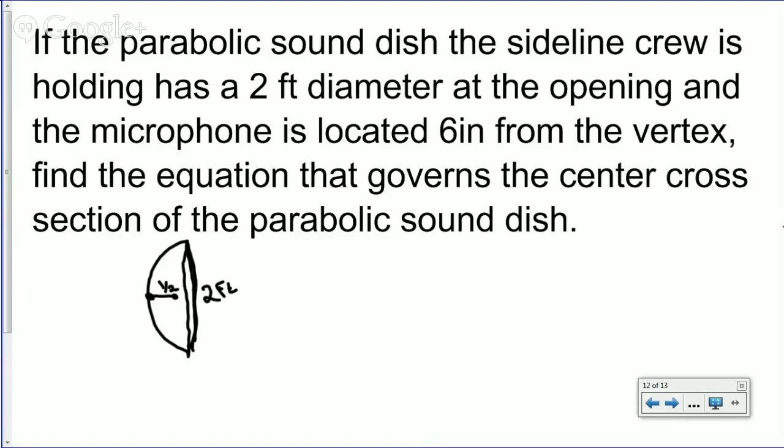So again, just like the last one, we're going to map it onto a coordinate system here. Again, opening to the right or to the left. So that's y squared equals 4px. Now in this case, I do know what p is, because it tells me the microphone is located 6 inches away.